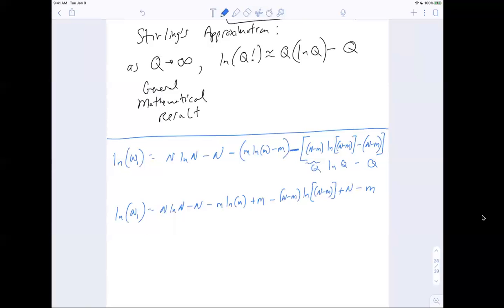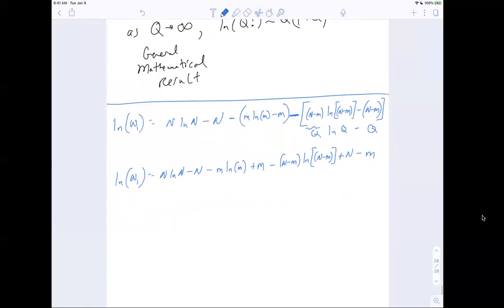Okay, so we can do some reduction here. Natural log of W1 is equal to, let's see, we have an n natural log n. Here we have a minus n and a plus n, so they cancel. Here we have a plus m, and here we have a minus m, so those two will cancel.